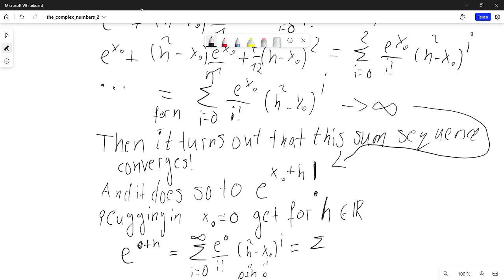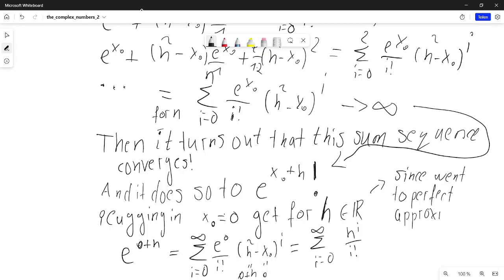And this is a very well-known formula. You may have heard of it, maybe not. Since we went to perfect approximation, by going to perfect approximation it doesn't matter anymore what distance h is from, because our approximation reaches everywhere.